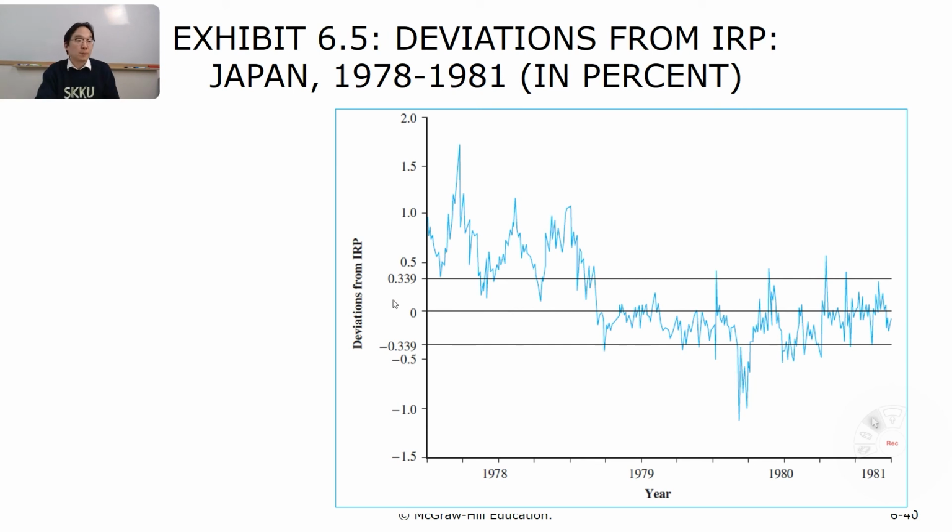Deviation from IRP using Japanese yen, in percent, from US dollar, if I remember correctly, from 1970s to 80s, it looked like this. And then 0 is the IRP point, right? And then this is the band of that IRP, where it's not worth taking that arbitrage position.